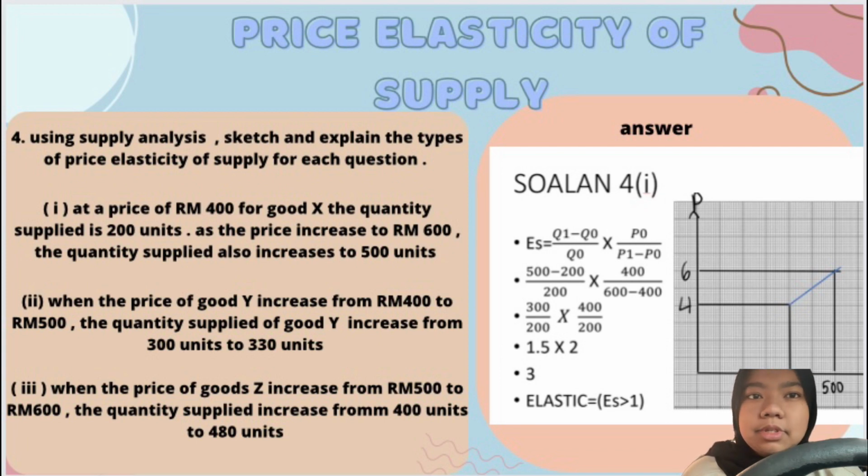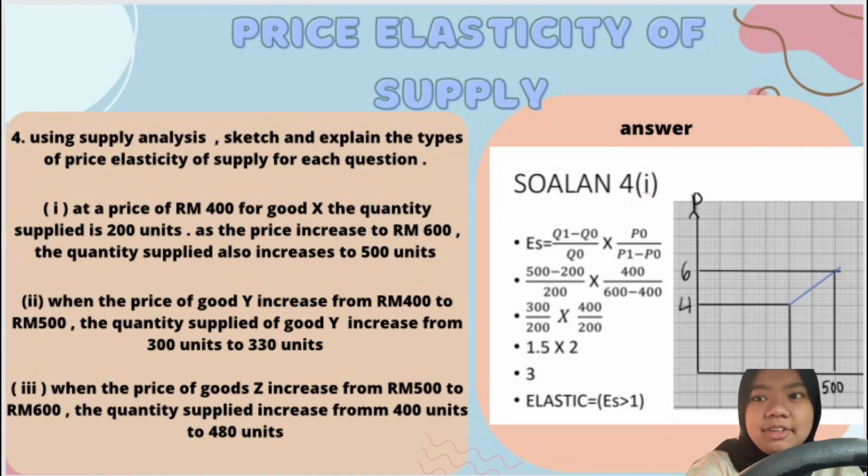Then we times 400 divided by 200, and the answer is 1.5, and 1.5 times 2, we get 3, and the answer is elastic because it is greater than 1.